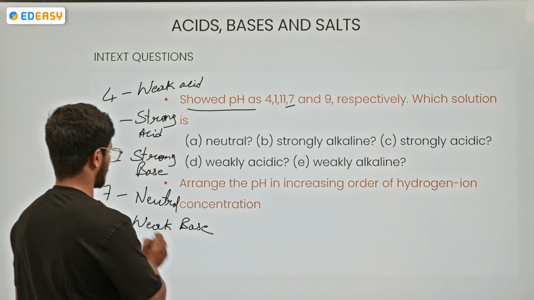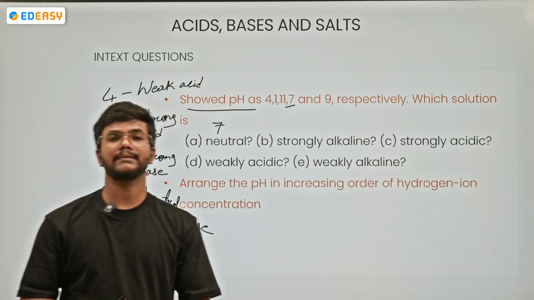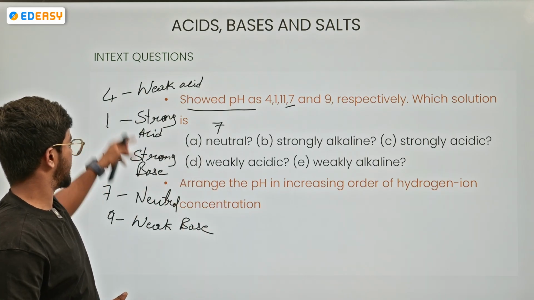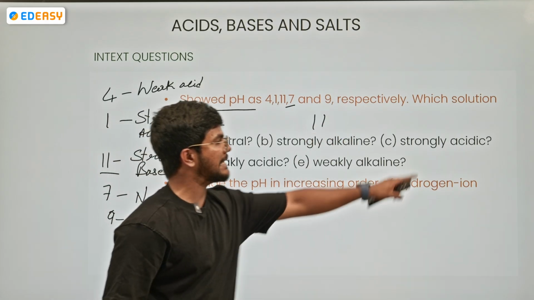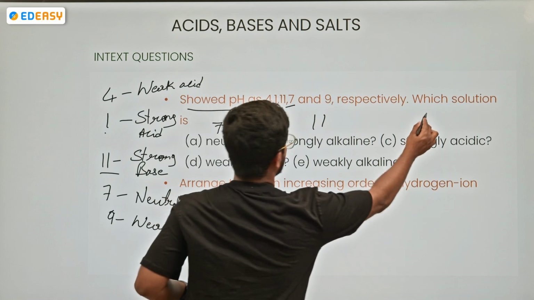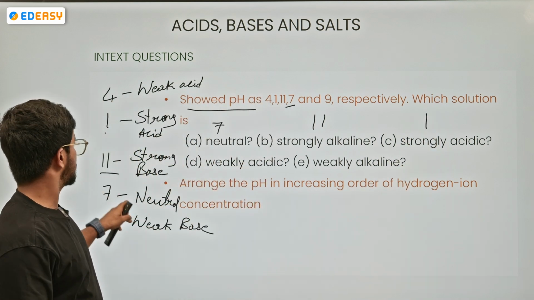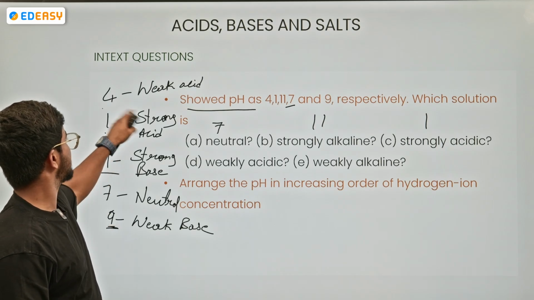First, neutral will be 7. Strongly alkaline. Alkaline means basic. So strongly alkaline will be strong base, which is 11. Strongly acidic, strong acid, is 1. Weakly acidic is 4, which is a weak acid.